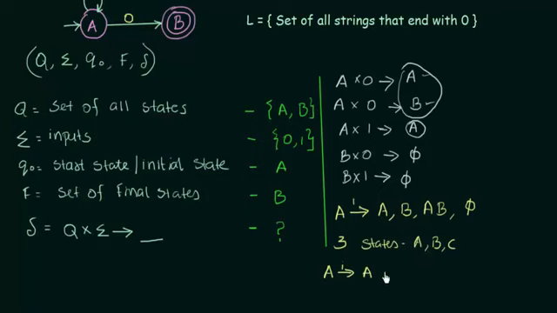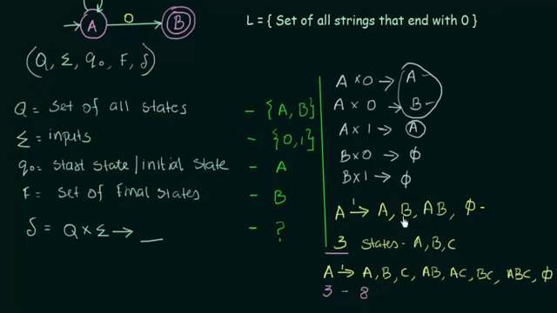A can either go to A itself, it can go to B, or it can go to C, or it can go to A and B, or it can go to A and C, or it could go to B and C, or it could go to all of them, A, B, and C, or it could not go anywhere, it could go to phi. So when there were three states, we had 8 possibilities. 1, 2, 3, 4, 5, 6, 7, 8.